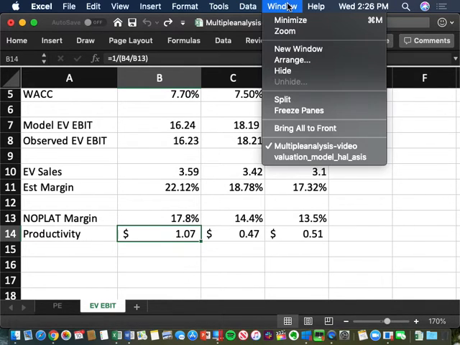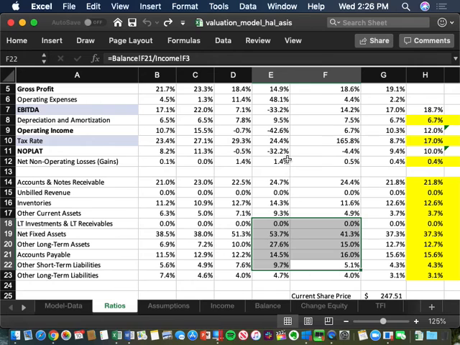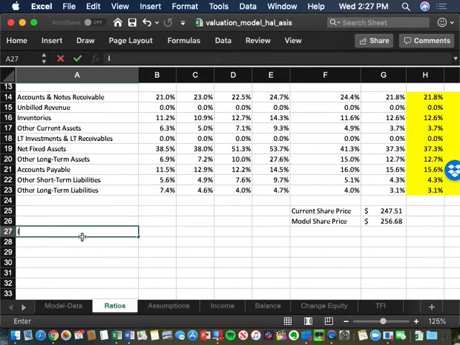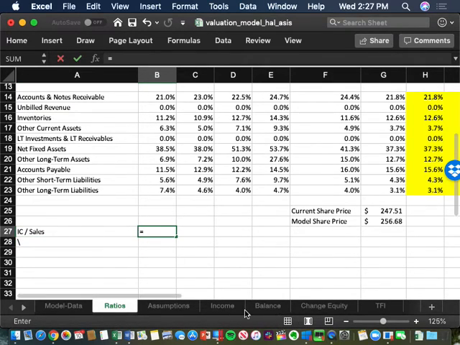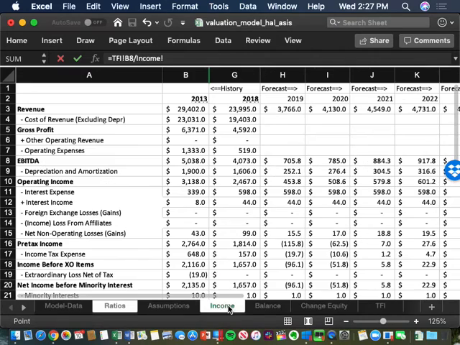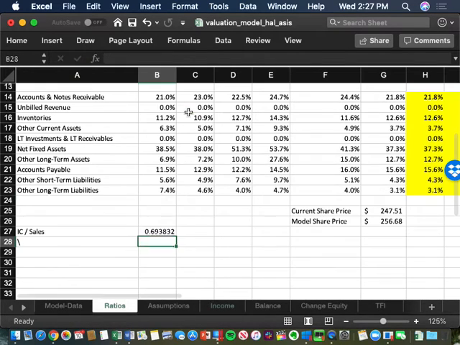So I go to Halliburton, and I'm not saying you have to put it here, but here's an example. I go to my ratios. I have my productivity, which is IC to sales. What is IC to sales? Equals off the TFI, invested capital, divided by revenue. So in 2013, 0.69.